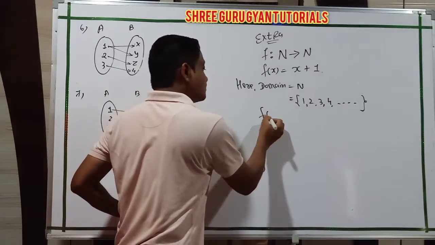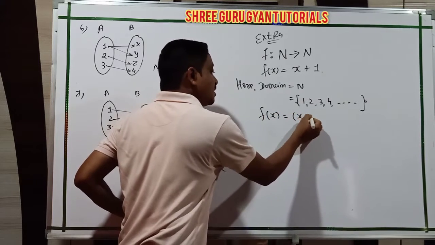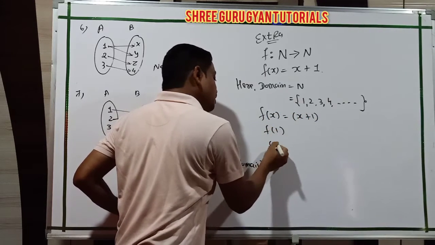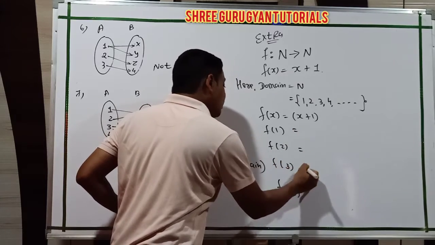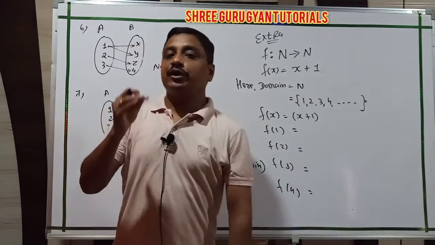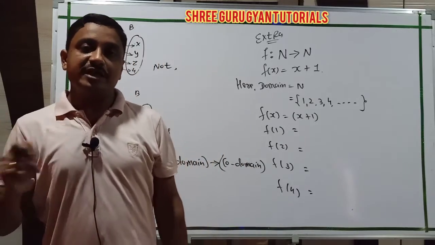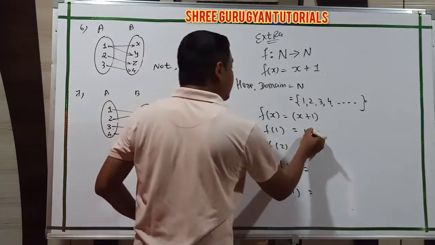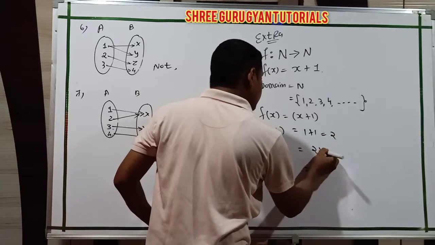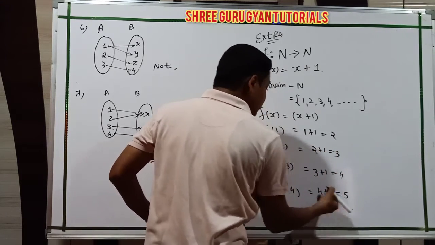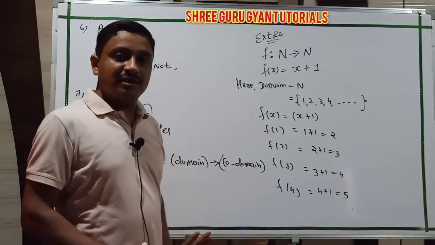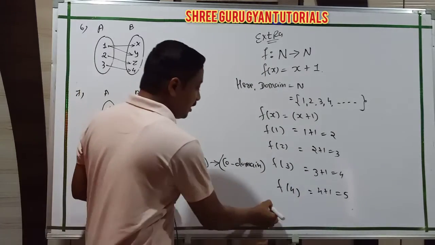Putting in the function. Students, if you put a value, it is your domain value. And the value you get after putting, that is your range. Yes, apply here 1. You know that easily. 2, here 3, 4 and here 5 also further exist. But sure, here our range is what?